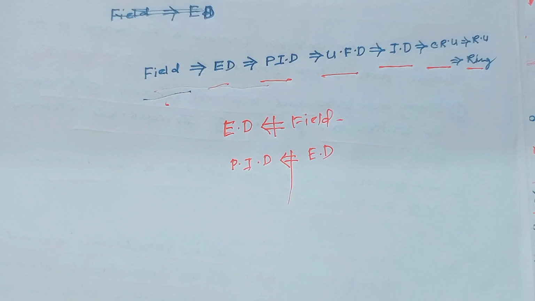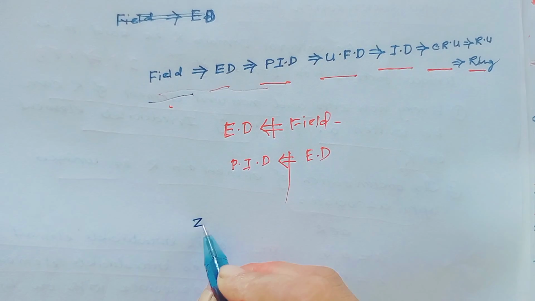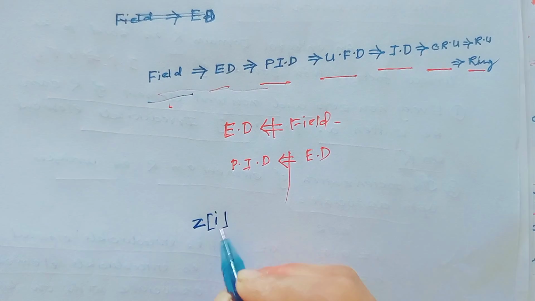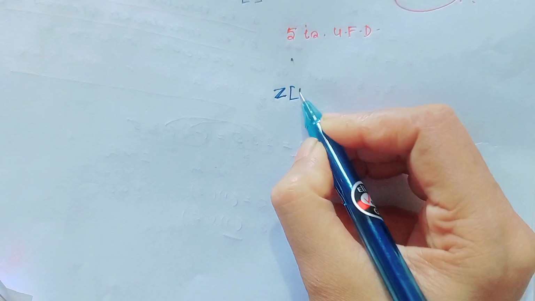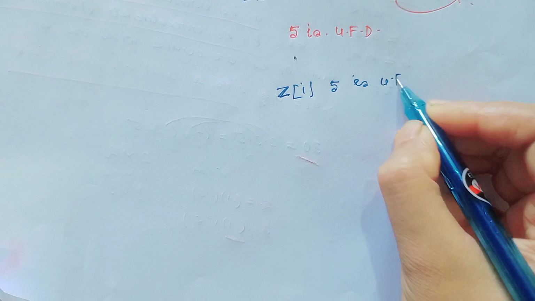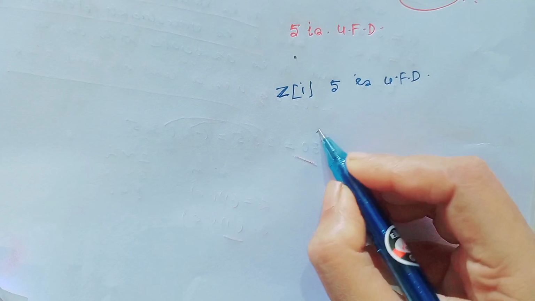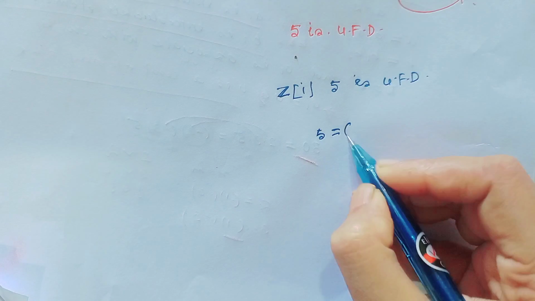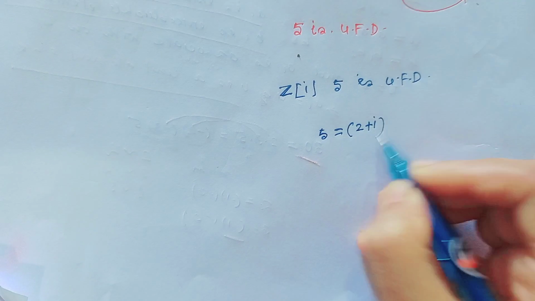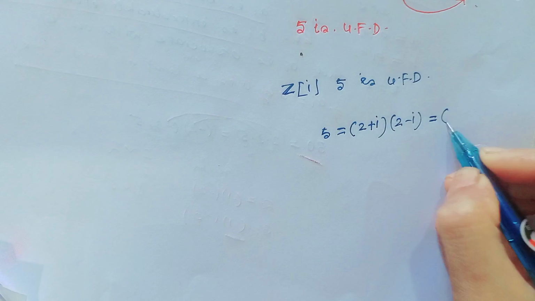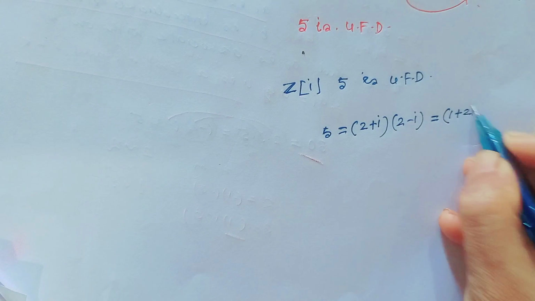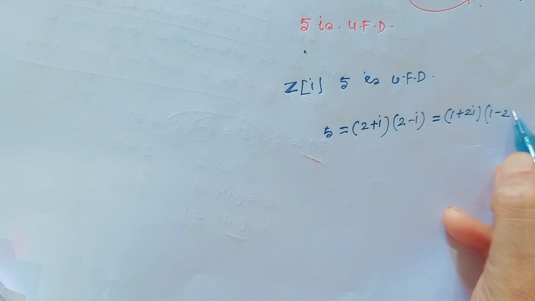Consider the example Z[i]. Is Z[i] a U.F.D? Now notice in Z[i] the element 5 we can write as 2 plus i times 2 minus i. Also we can write this as 1 plus 2i times 1 minus 2i.